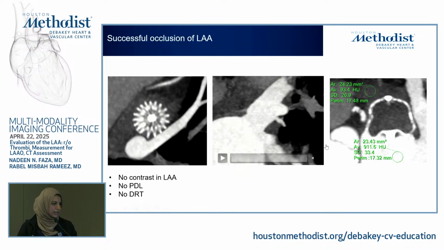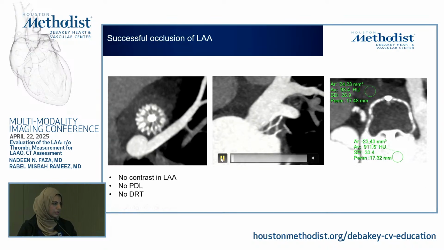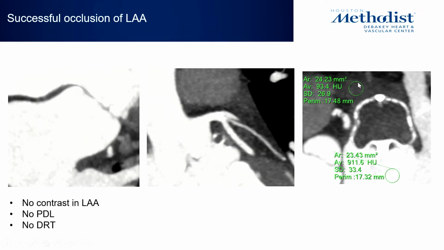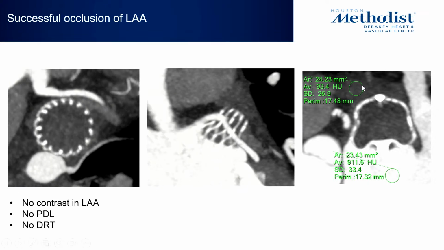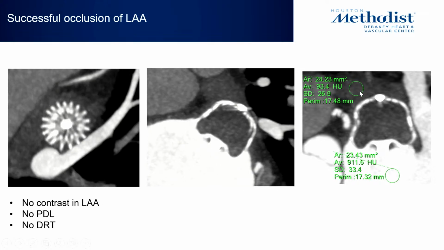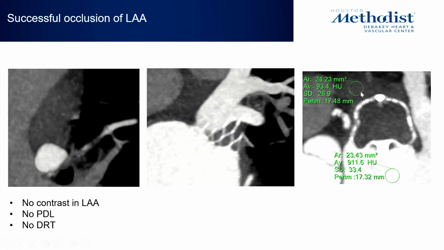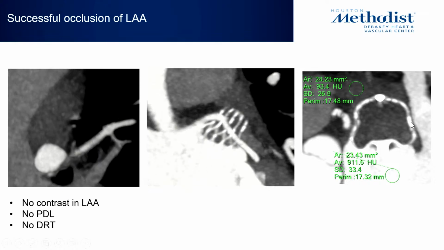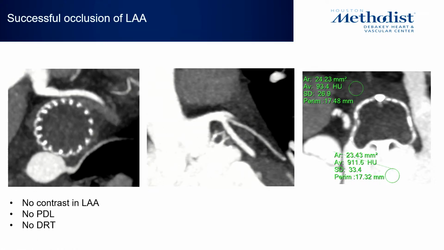This is a case that highlights successful occlusion of the left atrial appendage. We see that in the left atrial appendage there's no contrast. The contrast HU is less than 100. We see that the device is appropriately positioned, and there's no apparent peri-device leak or device-related thrombus.